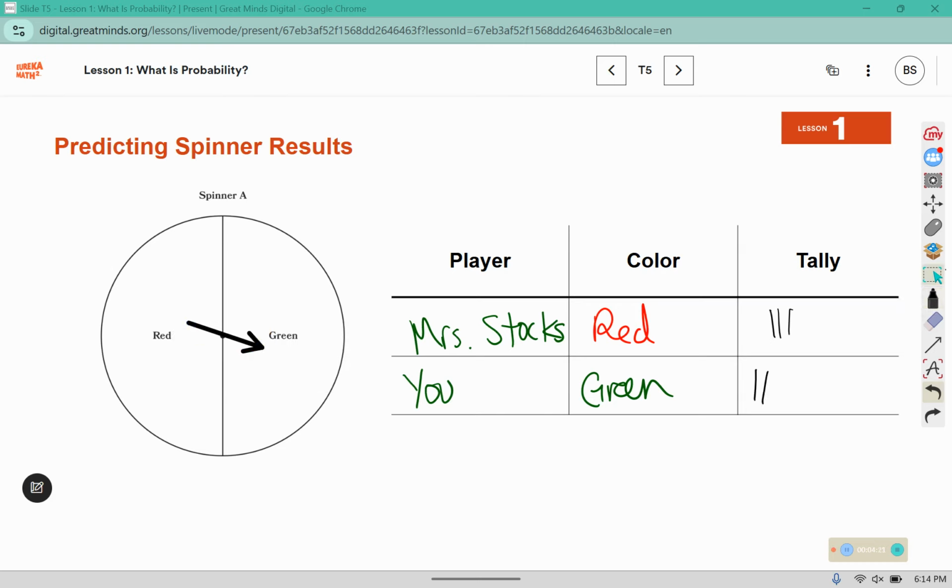Green is your point. Red is for me. And me again. And red.